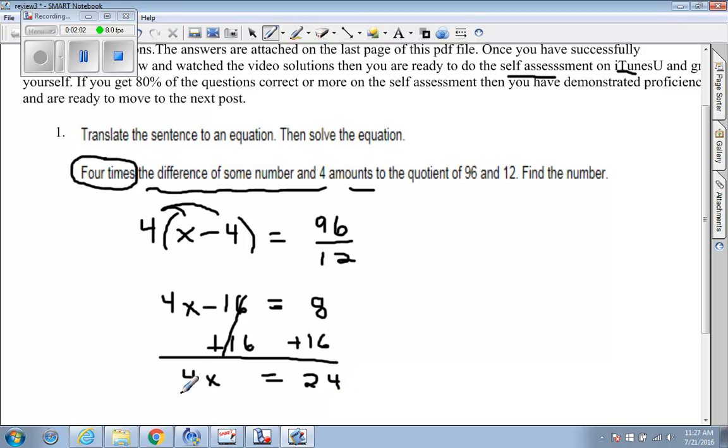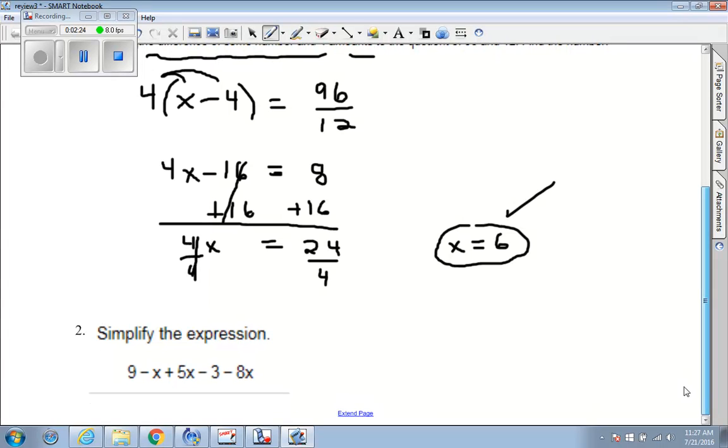And then now we know that we're dividing both sides by 4. And 24 divided by 4 is obviously 6. So arriving at x equals 6. Now we said it's ideal if you can take 6 and throw it back into the original to check your answer. But okay, let's go ahead and move into number 2.